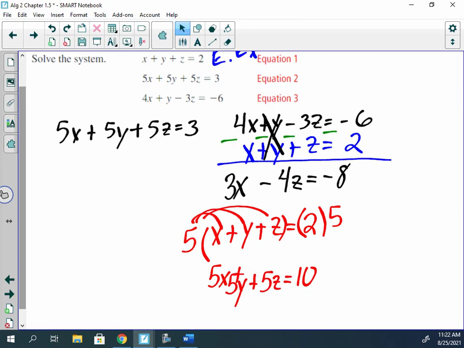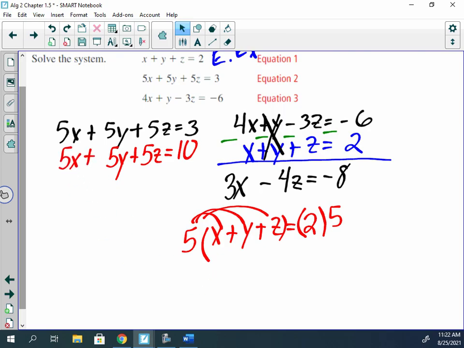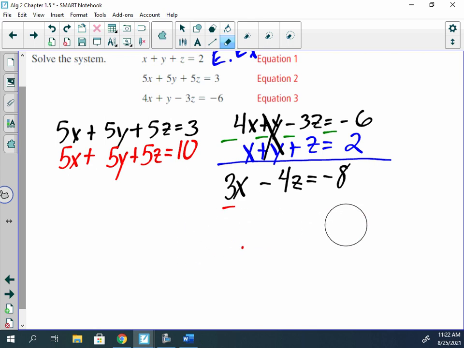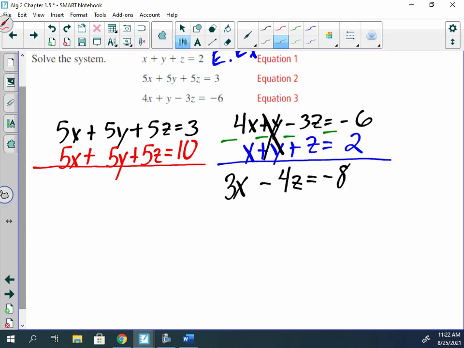Are we good with how we got this equation here? Yes? I'm going to move it over there. 5y and 5y, will we add or subtract?